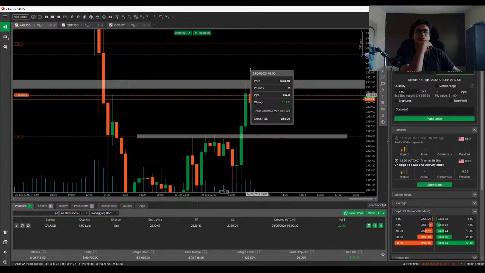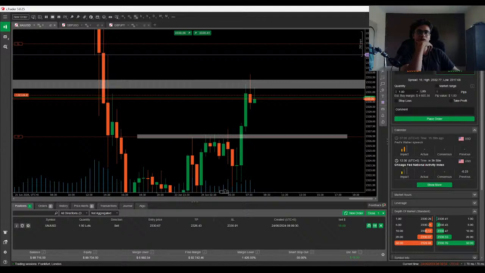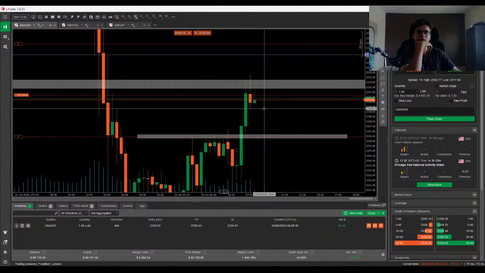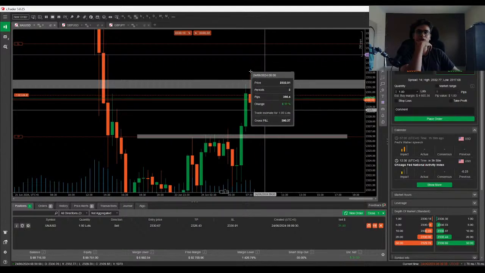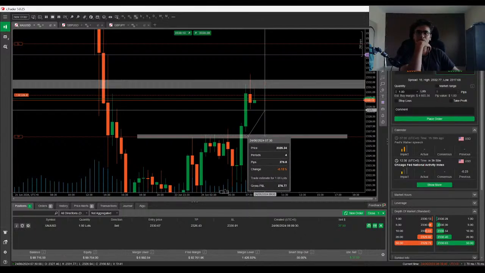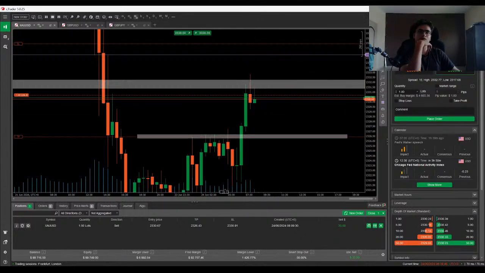Oh, stop. If I put my stop loss here above the candle, we will lose around 250 or so. And if I put another entry here, 394, yeah, targeting around 200 or so. Okay.